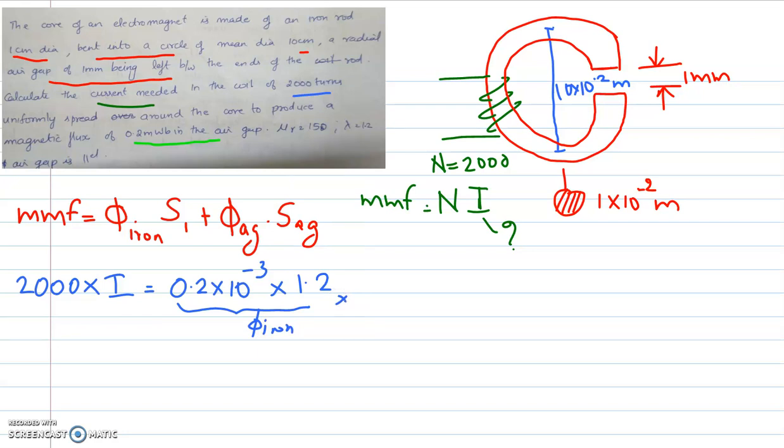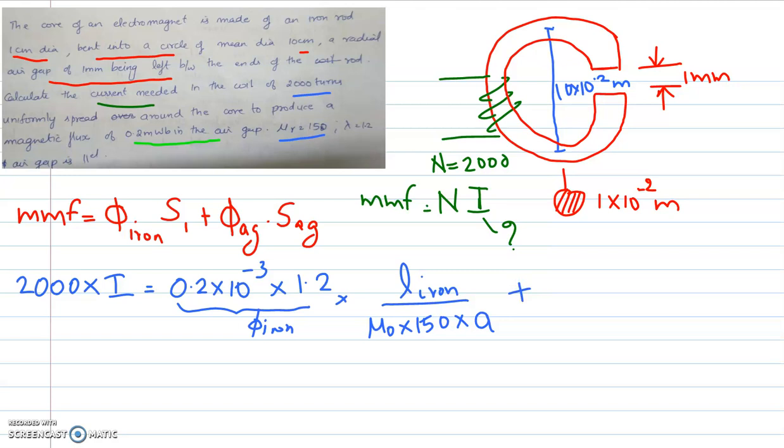S1 is nothing but length of the iron path divided by mu r, which is already given as 150. So mu 0 is 4π into 10 to the power of minus 7. So into 150 into area of cross section plus flux in the air gap.